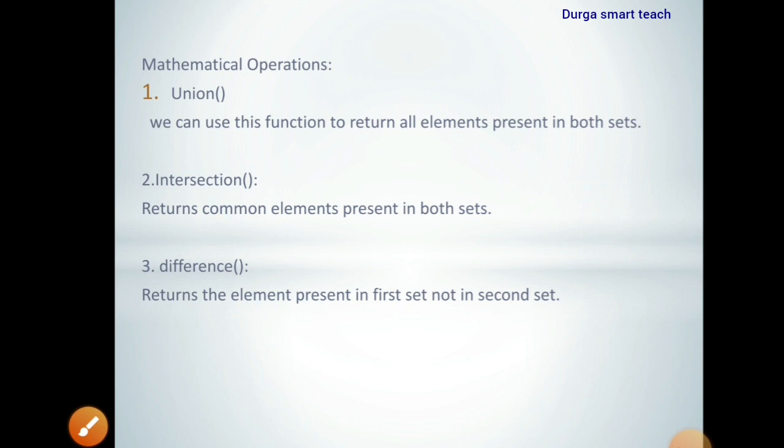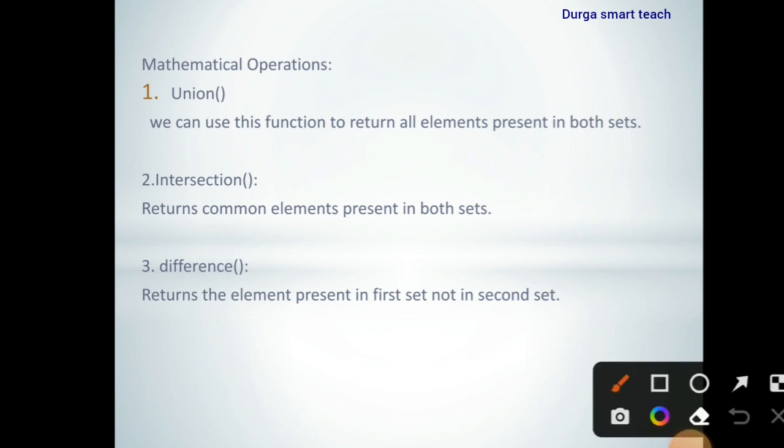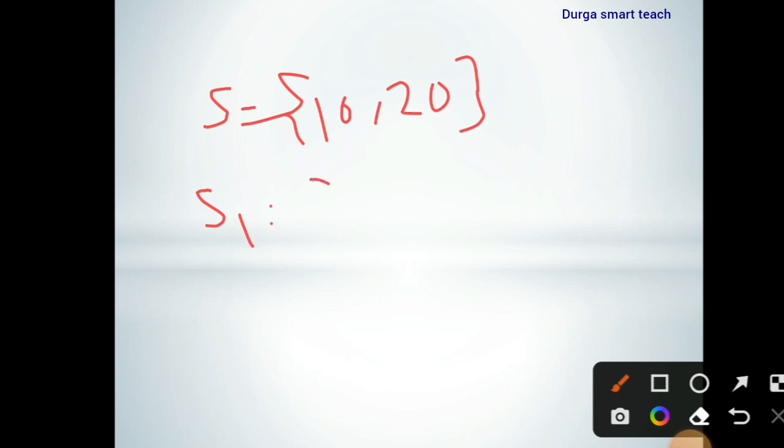Some more mathematical operations on sets. We can perform these mathematical operations on sets. These are the functions. First of all, the union function. The union function is used to return all elements present in both sets. See this example. Suppose S contains 10, 20. Next, S1 contains 30, 40.